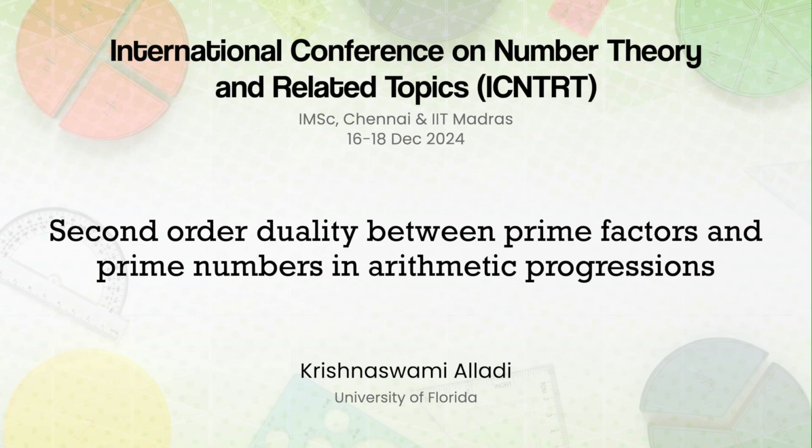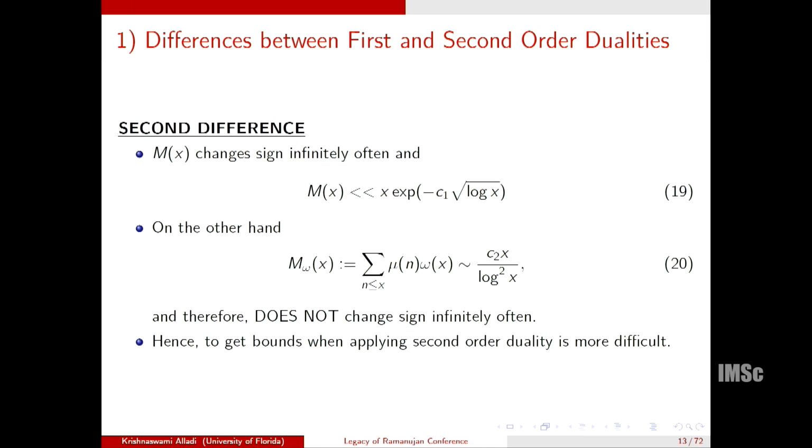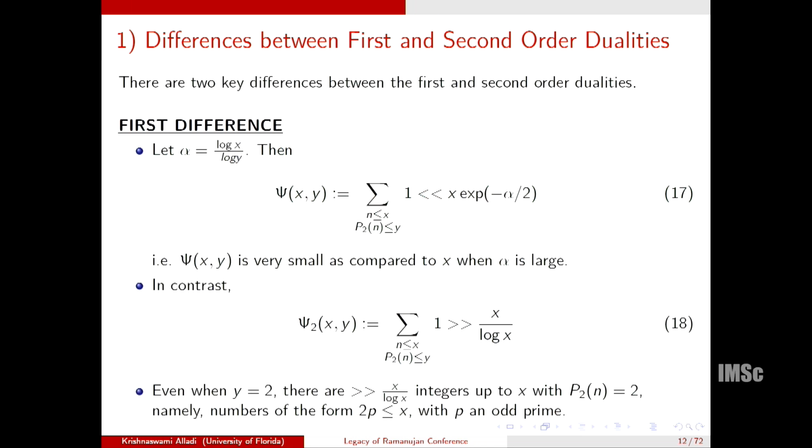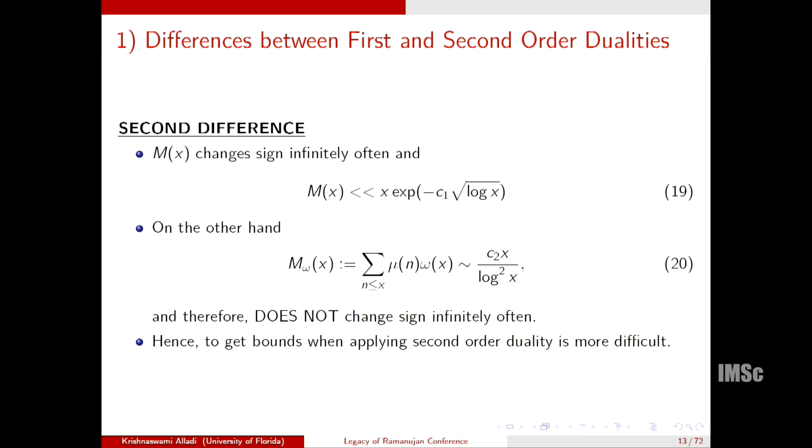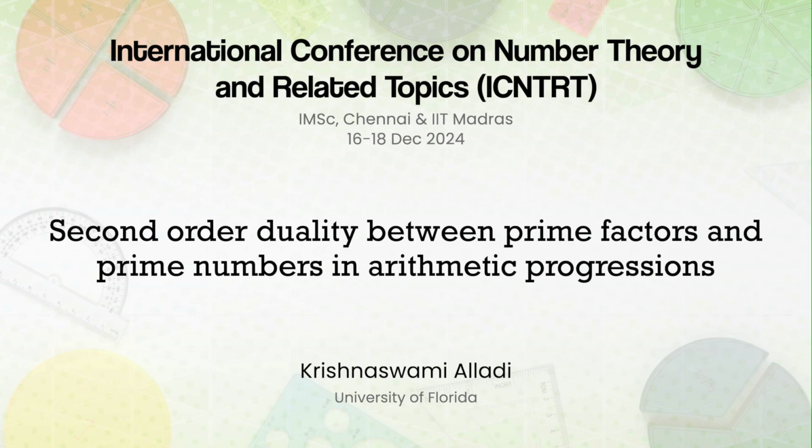But it does change sign for another reason, but only finitely many times. Okay, so it's on the same side. All right. So there is a significant difference between the behavior, and that actually adds to the complication of establishing these results in this particular case.